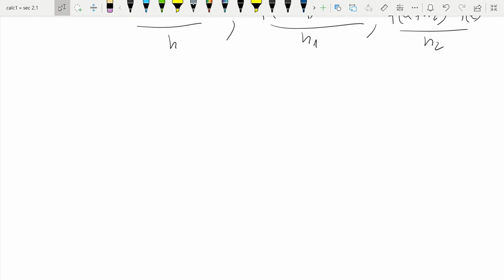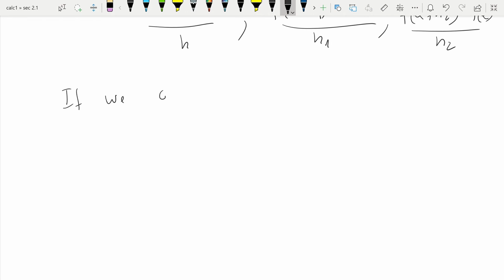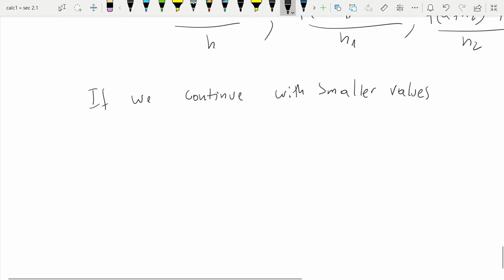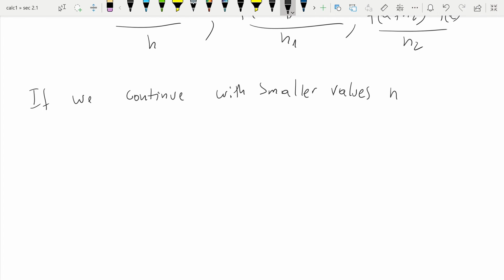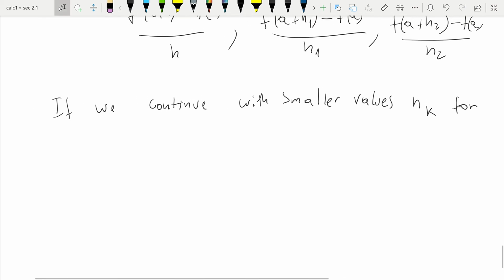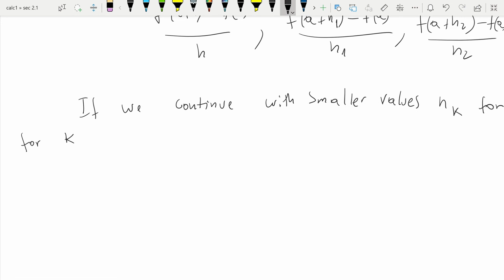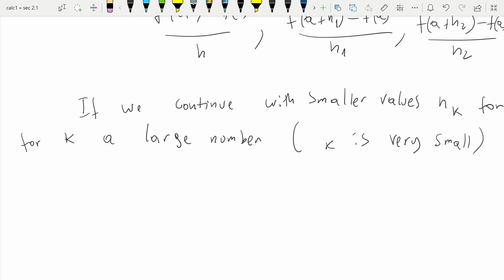And the idea here is that if we continue with smaller values h sub n or h sub k, for k a large number and for which h of k is very small, it is getting smaller as k gets larger.